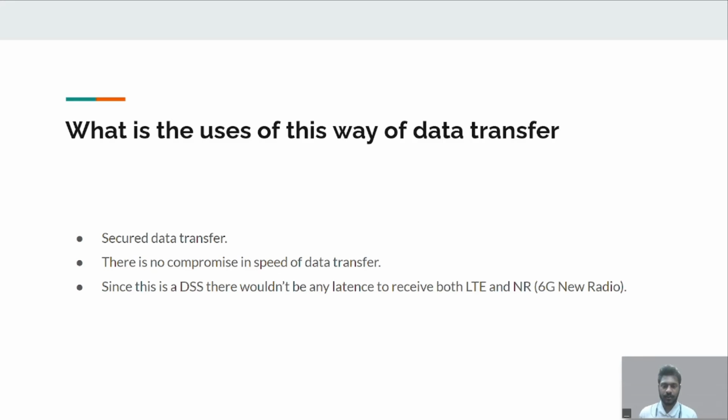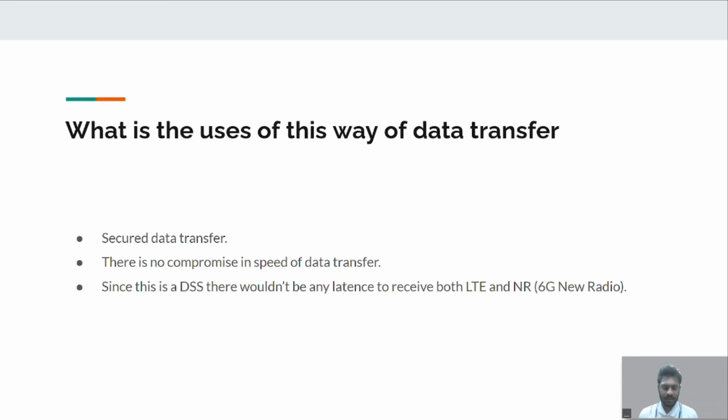So what is the use of this way of data transfer? Secure data transfer is one of the things, and there is no compromise in speed, because DSS has LTE and NR in a single signal, so there won't be any form of latency. There can be latency, but it would be from the LTE signal, because LTE transmits more data than NR.